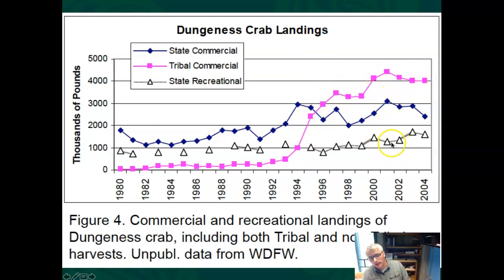And if you compare, this plus this equals about that, right? So it's about 50-50. It's supposed to be 50-50 between tribal commercial and the combination of state commercial and state recreational. So the state has access to half of the crab. They need to decide how they're going to allocate that between commercial and recreational fishers, and that's a source of conflict. But tribes have their access to half of it.